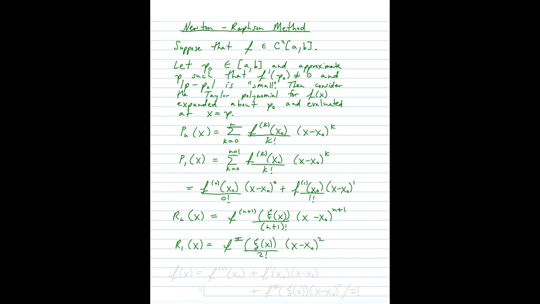Okay. So since f of x equals the nth degree Taylor polynomial plus the remainder, we can say that f of x equals the zeroth derivative of f plus the first derivative.